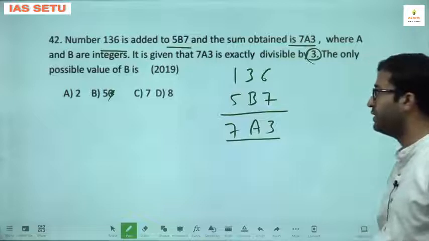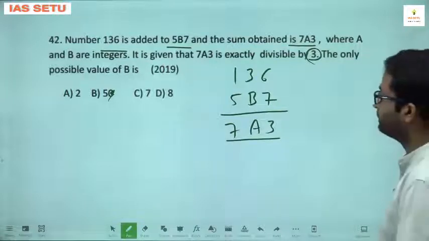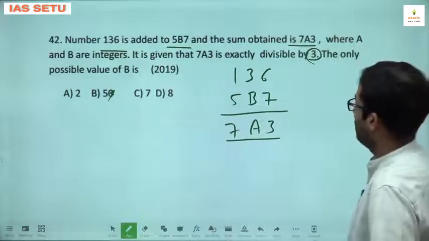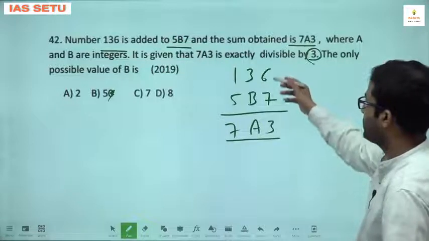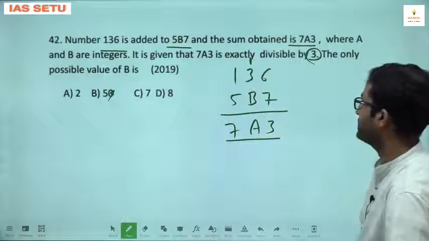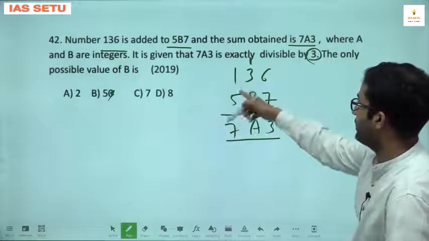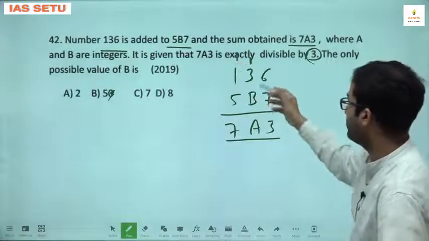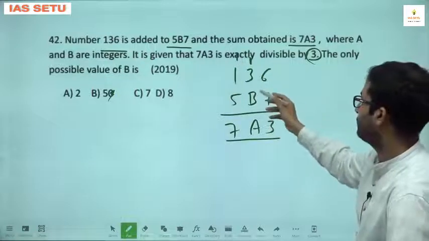We have to check the possible value of B here. 6 plus 7, 3, okay. This will be 1. 4 plus something is A. And here it has to be 1 here. Means 4 plus something, this B.